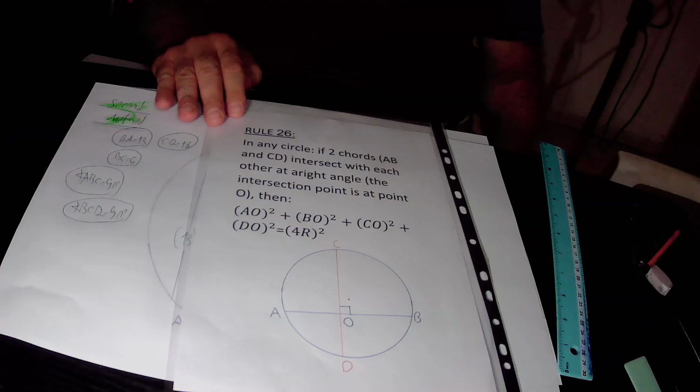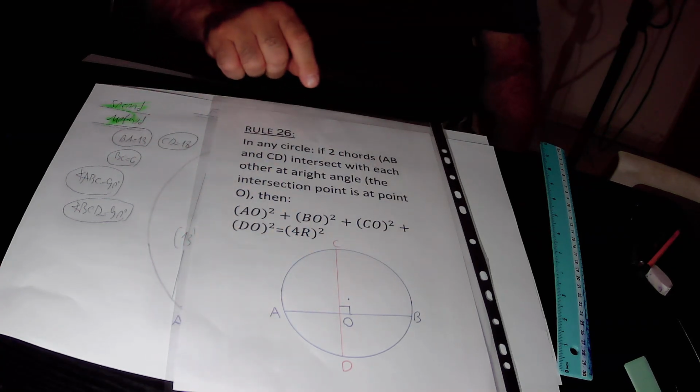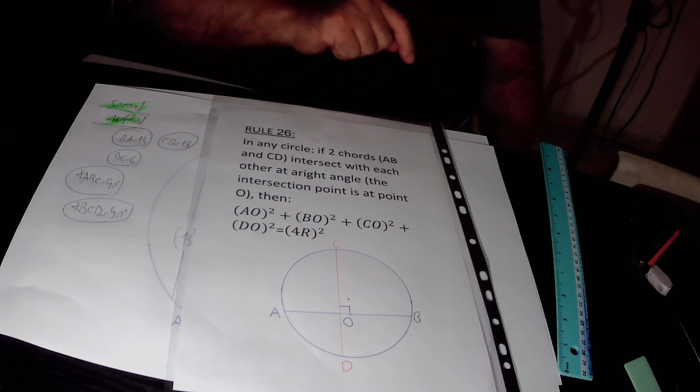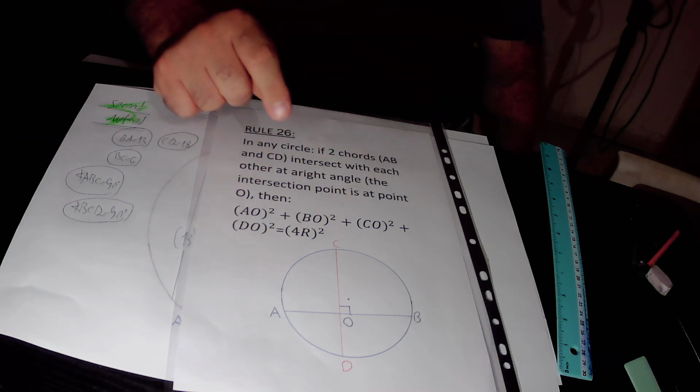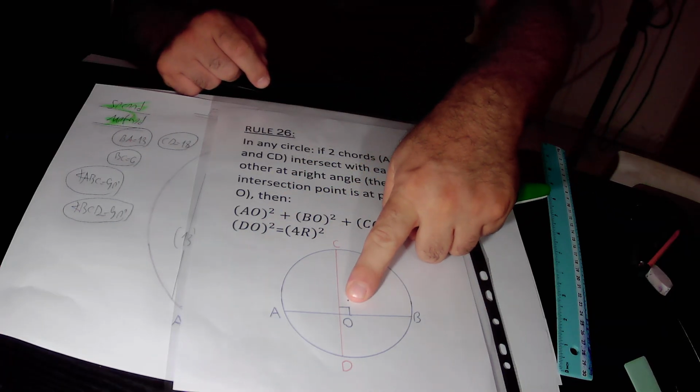In any circle, if two chords AB and CD intersect with each other at a right angle, that is to say at 90 degrees, here chord AB intersects with chord CD at 90 degrees. This angle equals 90 degrees in size.